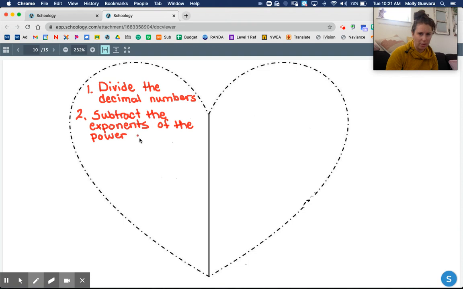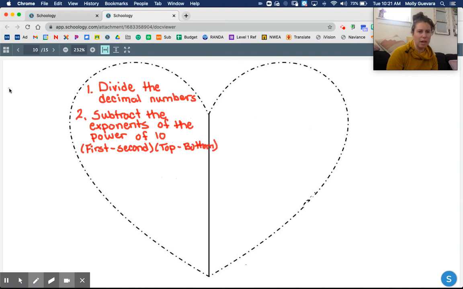Whatever's on that power of 10, right? So how we do this, we always do either the first exponent minus the second exponent, or the top minus the bottom, just depending on how it's written, right?